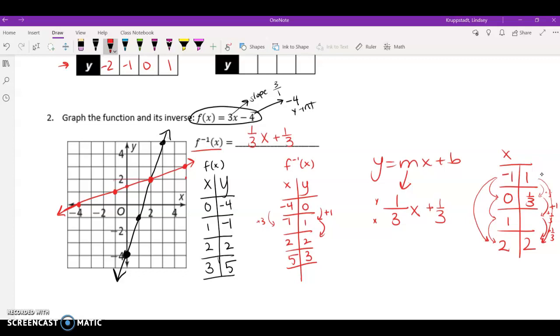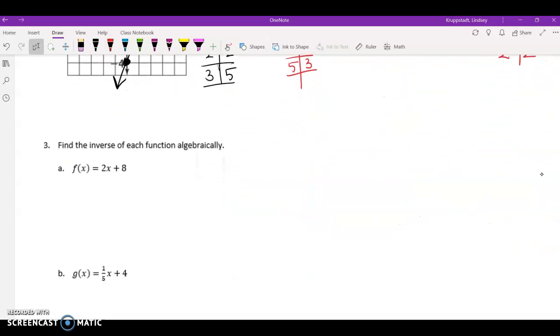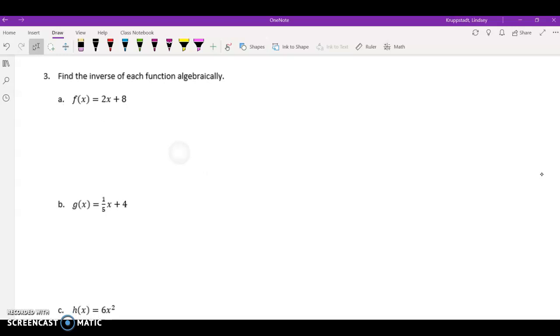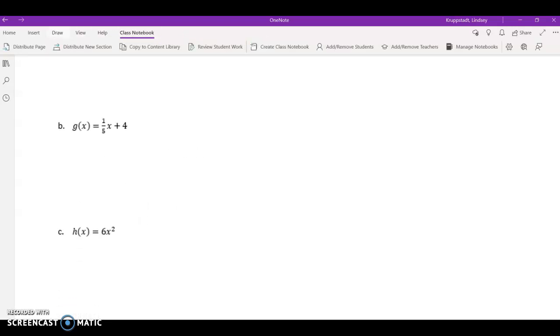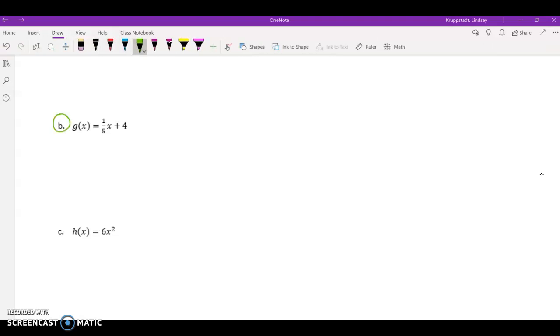All right, then the next example is finding the inverse of the functions algebraically. I want to look at two of them in particular. The first one is letter B. So again, the first step in finding the inverse algebraically is I'm going to write this as y equals, because who wants to write g of x over and over again?